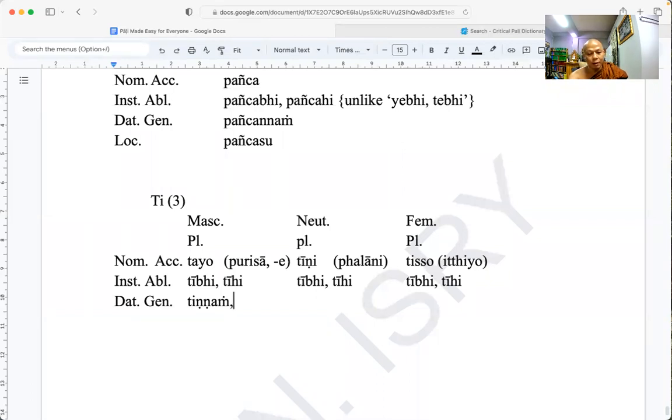Maybe the other form also. So Dainanan also. And then the same way neuter also Dainam.